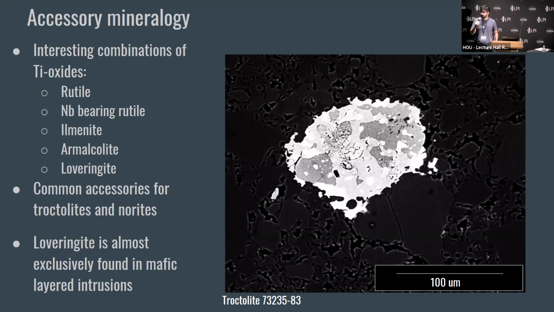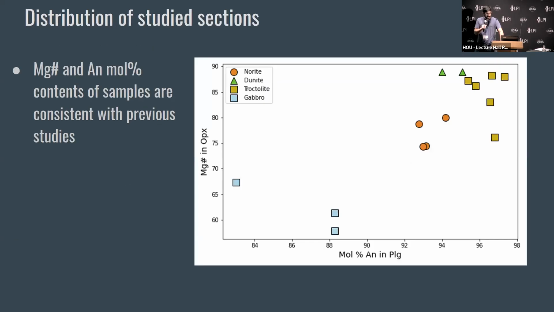The particular thing about this mineral, which we see in both troctolites and norites, is that on Earth, at least, it has been exclusively found in mafic layered intrusions. And it's allowing us to correlate these rocks to this kind of process. So everything about this texture is pointing towards this.